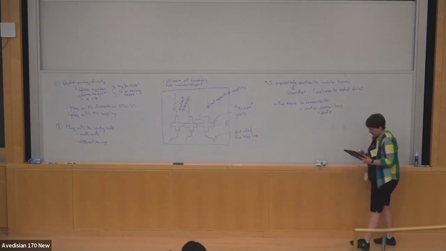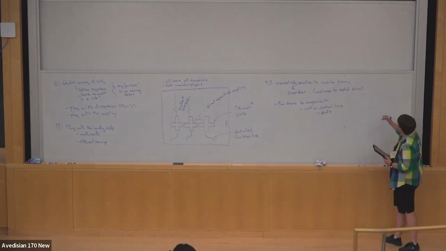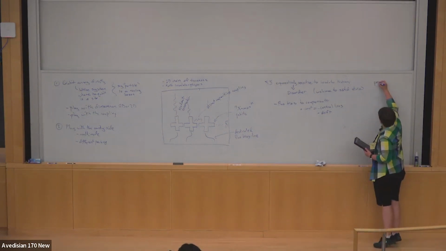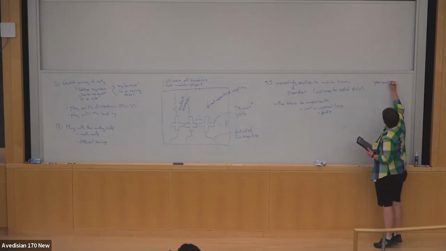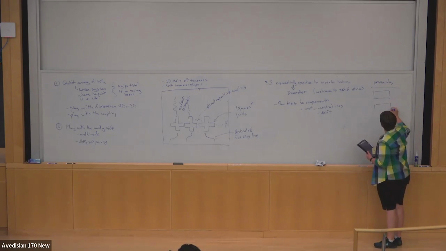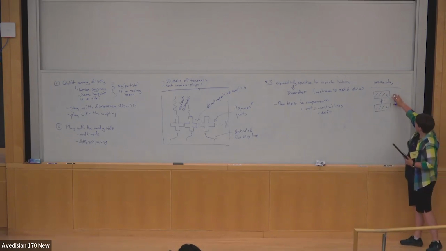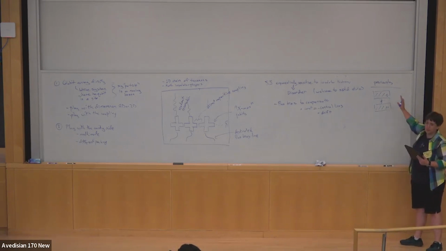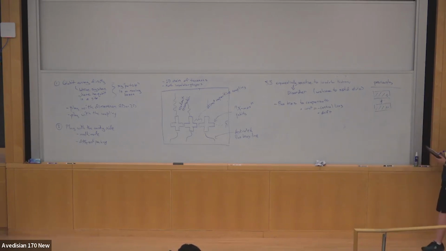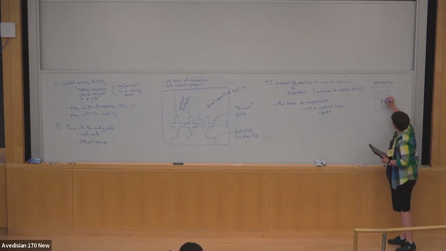Okay, and then the next part that's confusing is the shape of the transmon. So previously, I drew transmons that looked like this. So these two pieces of metal form the capacitor. And then there was the Josephson junction or the squid loop in the middle.